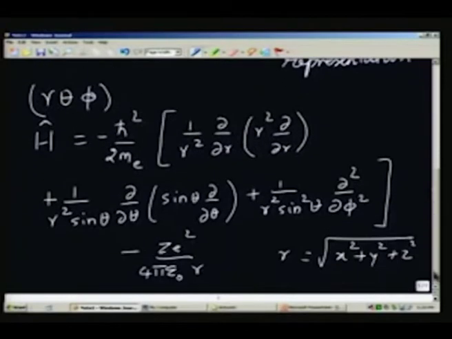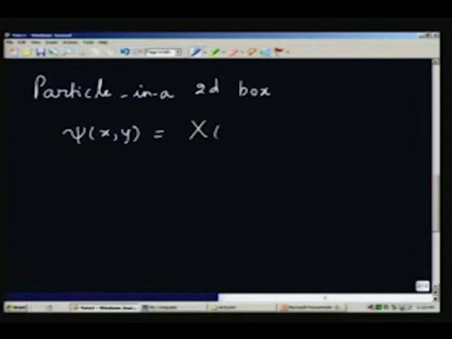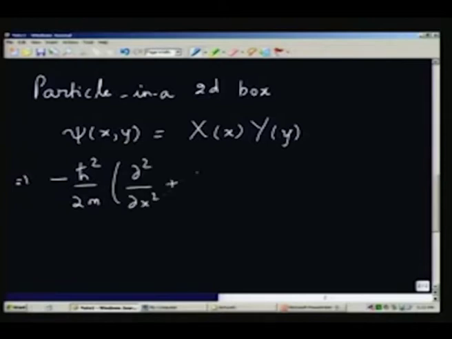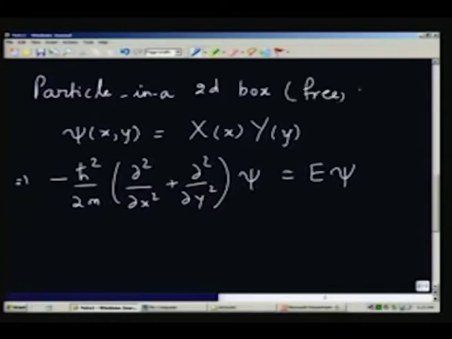What do we mean by this? You have to go back and recall the particle in a 2D box, where we employed a wave function psi of x, y as a product of one coordinate only, the x function, and a product of the y coordinate only, and we were able to write the equation minus h bar square by 2m, dou square by dou x square plus dou square by dou y square acting on psi, giving E psi for the particle in a 2D box, free particle, and bounded by V equal to infinity at the edges.